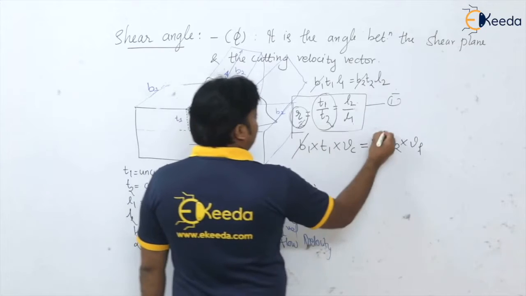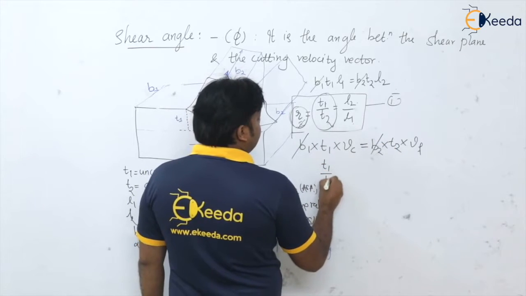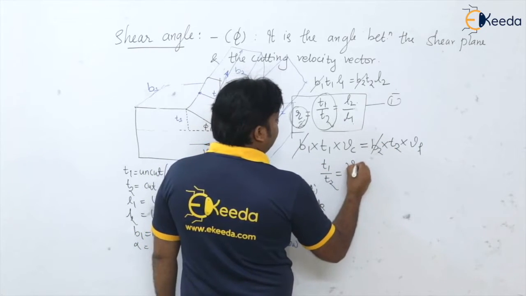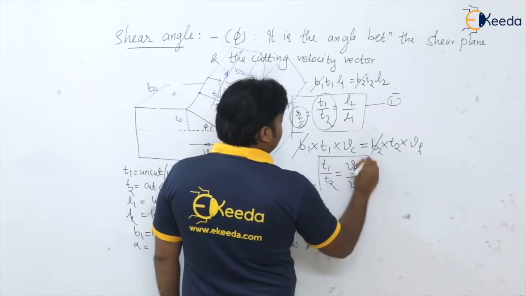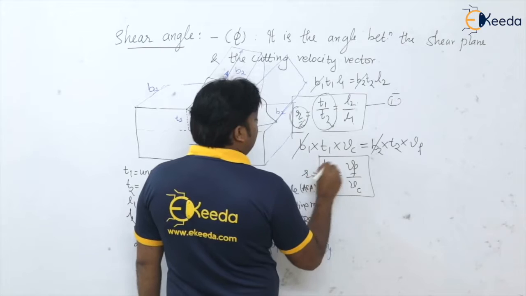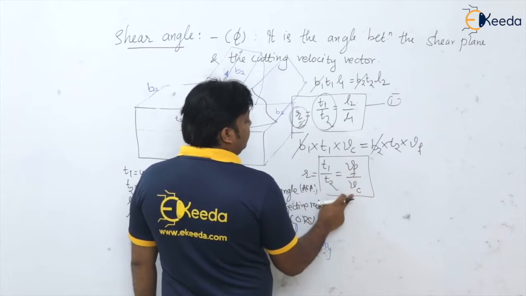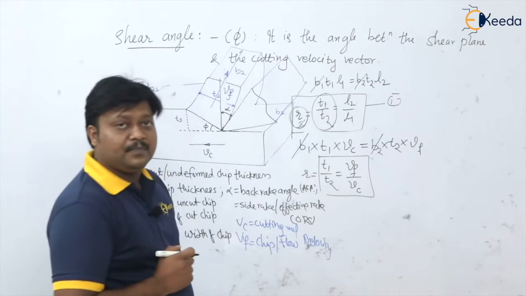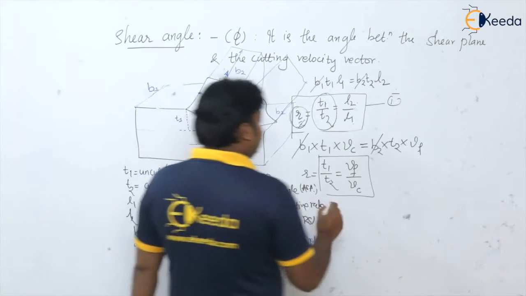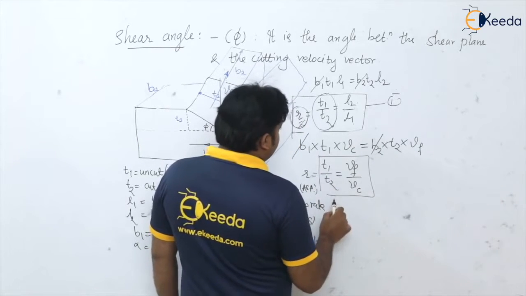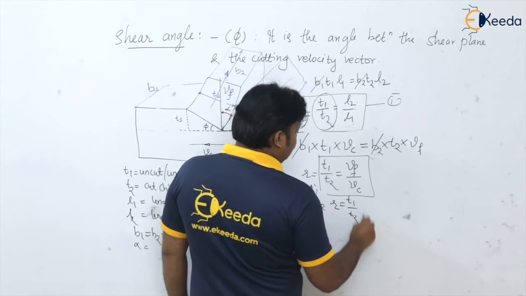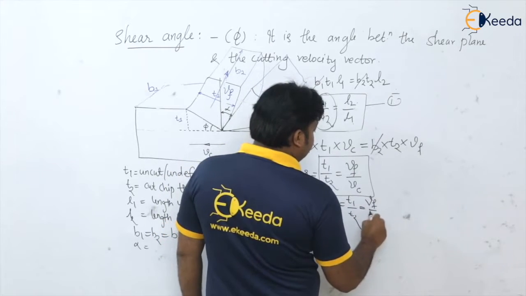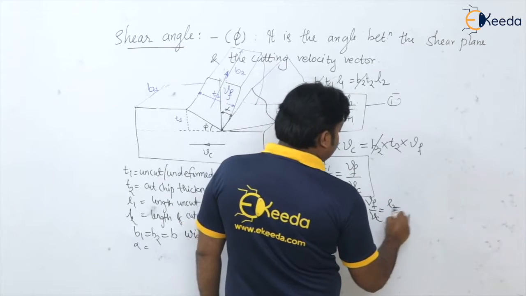So B1 and B2 get cancelled, and T1 divided by T2 I get as Vf divided by Vc. So the chip thickness ratio r can be written as Vf divided by Vc. So in how many ways can we write r? r is equal to T1 divided by T2, is equal to Vf divided by Vc, is equal to L2 divided by L1.